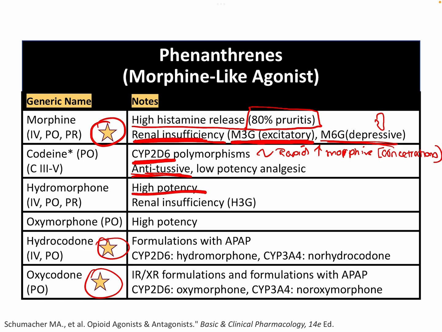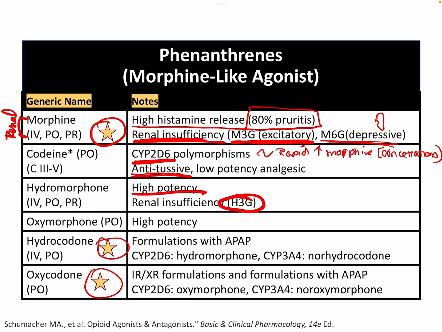Hydromorphone has a relatively high potency versus codeine, which is low potency. And it does have a metabolite, H3G. Mostly you just have to monitor your dosing whenever you're using hydromorphone. It's less important as far as a specific contraindication. If you have somebody with renal disease, definitely avoid morphine. Hydromorphone, you just try to start at a lower dose.